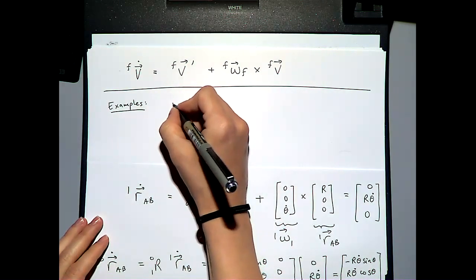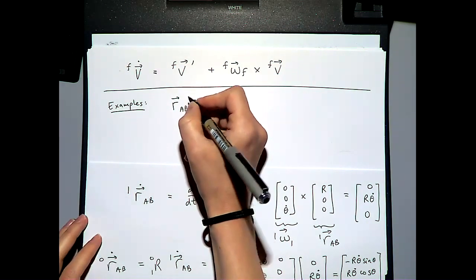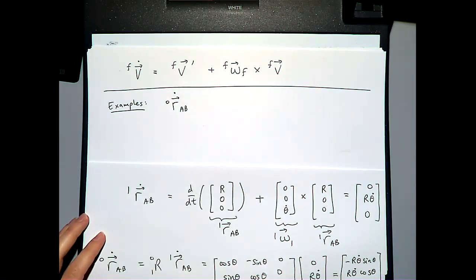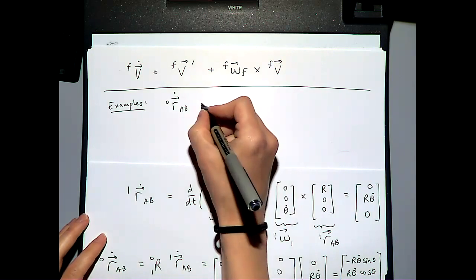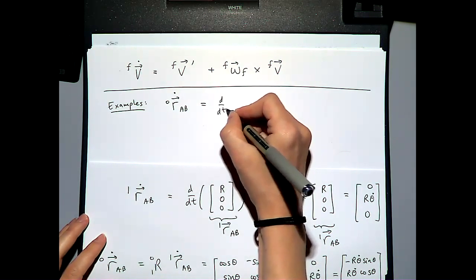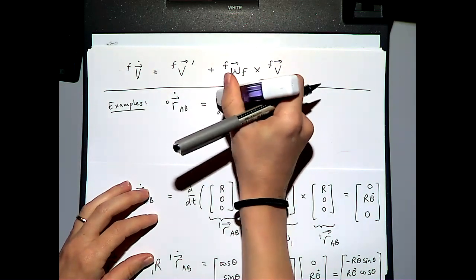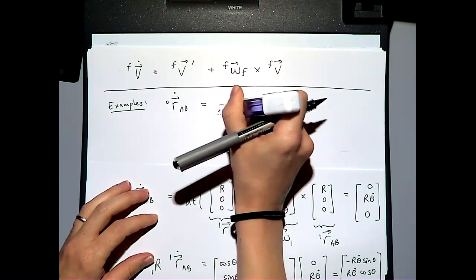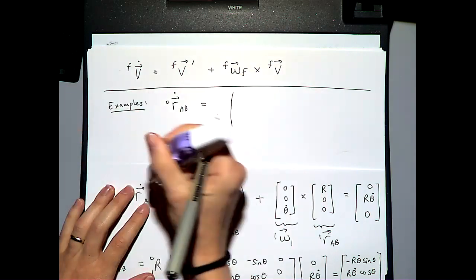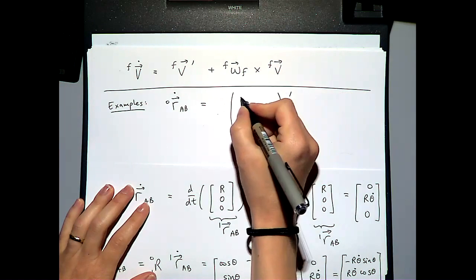If I want to work out the derivative of RAB in frame 0, can I apply this formula? Yes. So in frame 0, we will have the term-by-term derivative. Maybe I'll keep it with a prime. We have the term-by-term derivative of the vector.